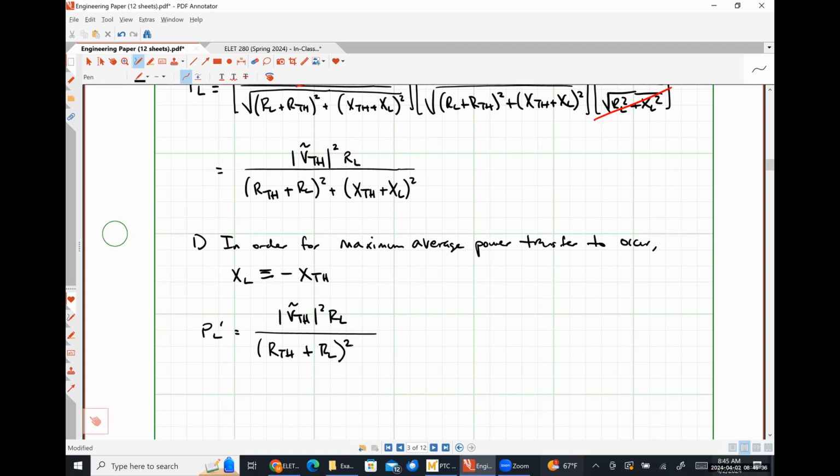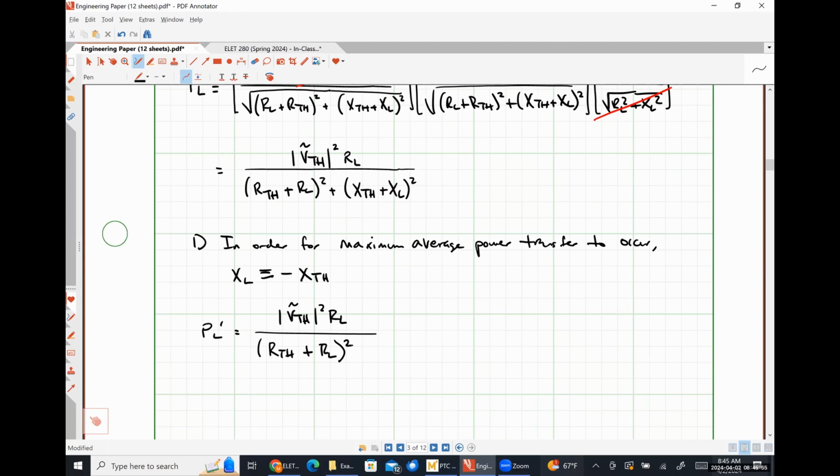Because I want the reactance to be zero. If the reactance is anything other than zero, since it's in the denominator, it's going to make the average power smaller. Right?